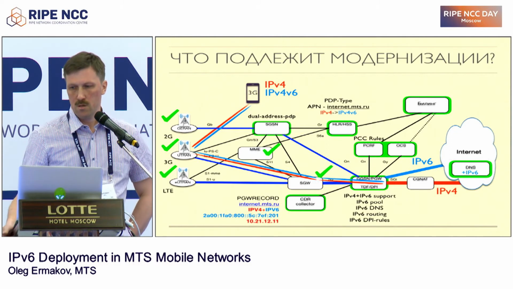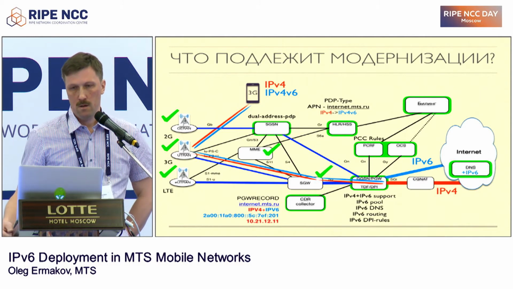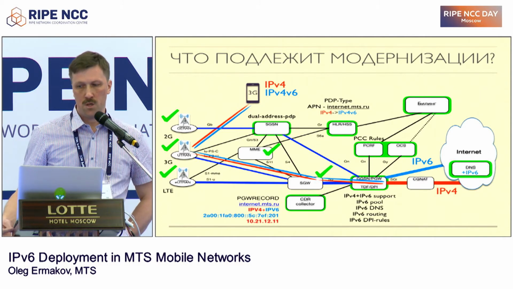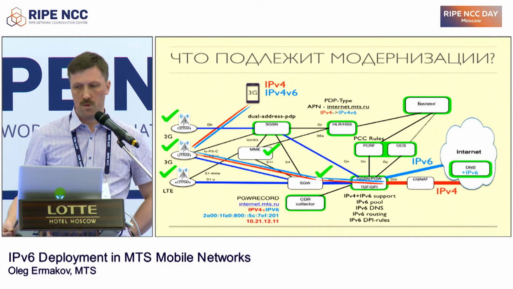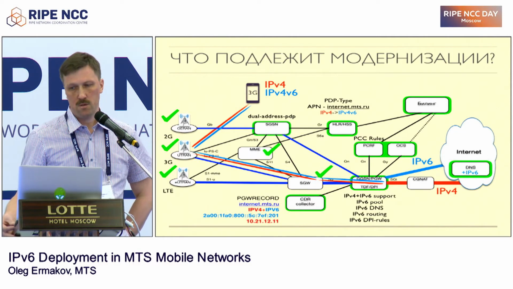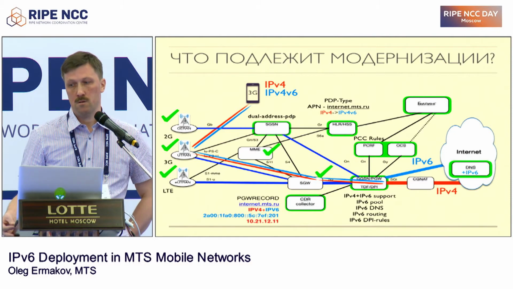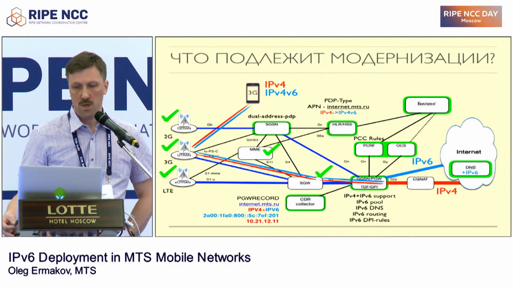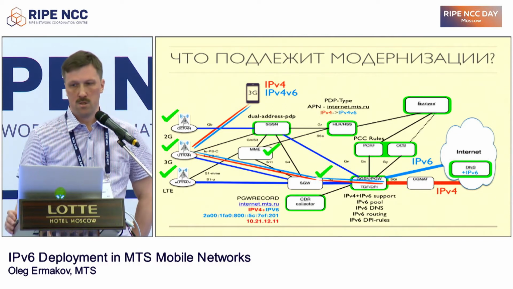And the last more complex bit of my presentation is the CDR collector. We didn't have to tweak it too much. We added a new field, IPv6, and the field that we used to have to send IP addresses of the subscribers to billing and to other systems.